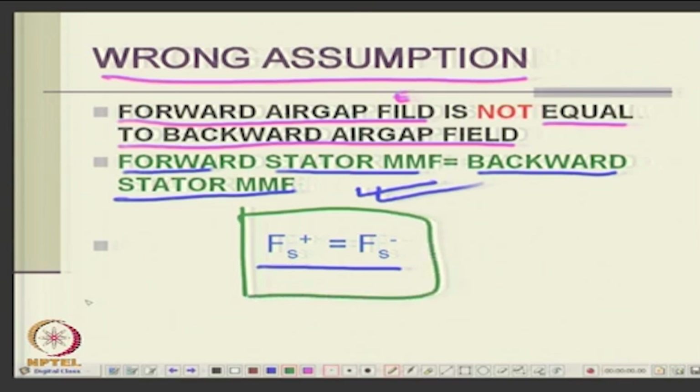So, forward stator MMF is equal to backward stator MMF in a single phase motor, but the forward air gap field is not equal to the backward air gap field. Why? I made both the statements. Forward stator MMF is equal to backward stator MMF, that is a correct statement.